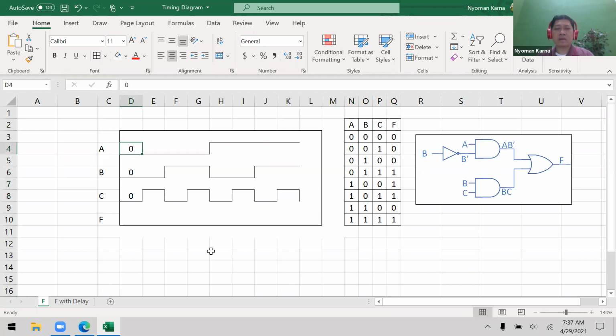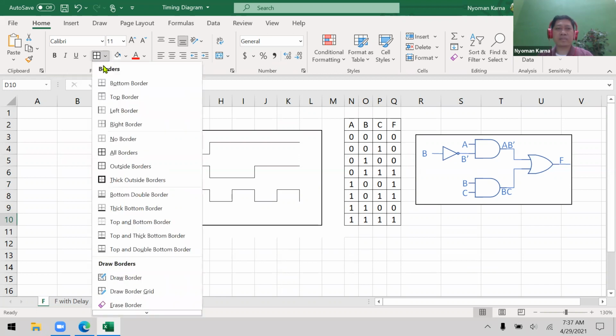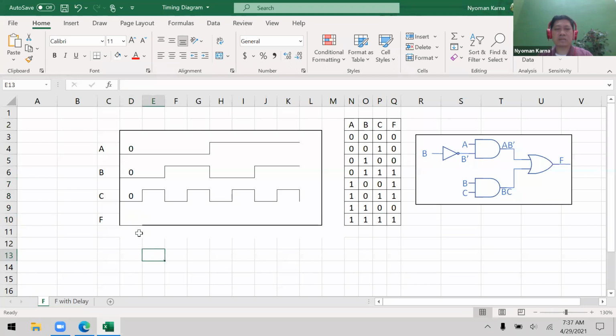Now, for this combination, A 0, B 0, and C 0, the output will become 0.